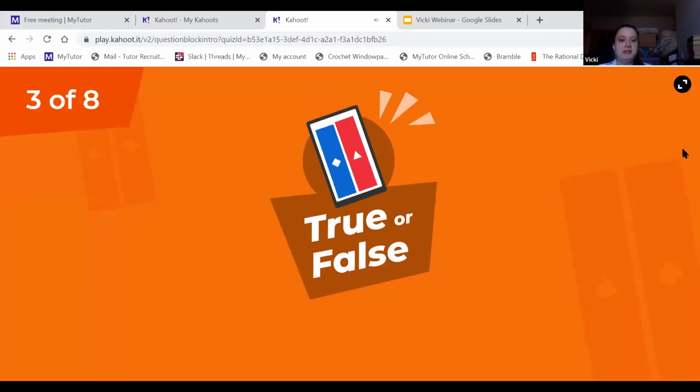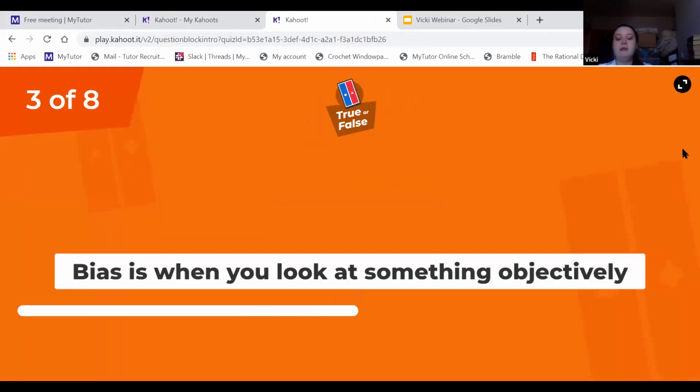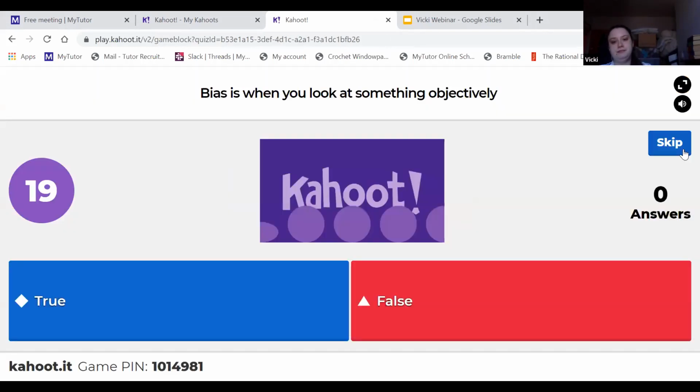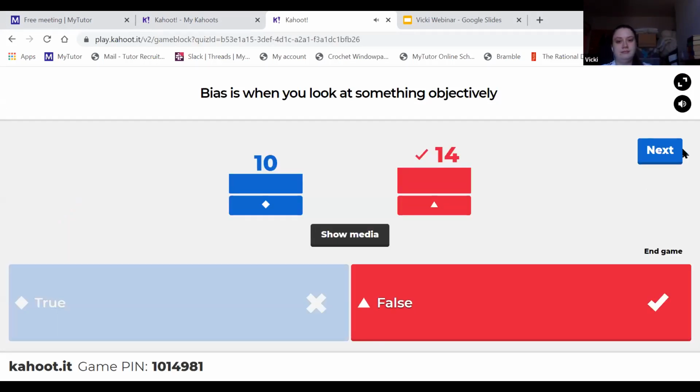Fabulous. So Louise has gone to the top. Bias is when you look at something objectively. Oh, right. Okay, so bias is where you're biased towards something, where you are being subjective, you're being swayed by something.